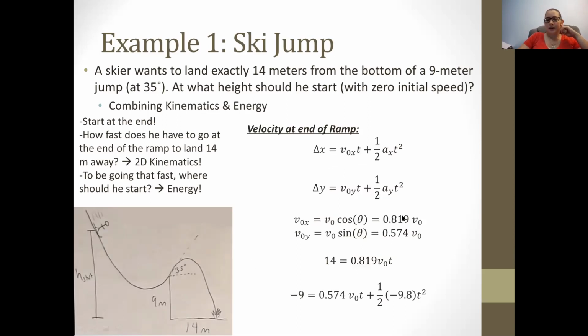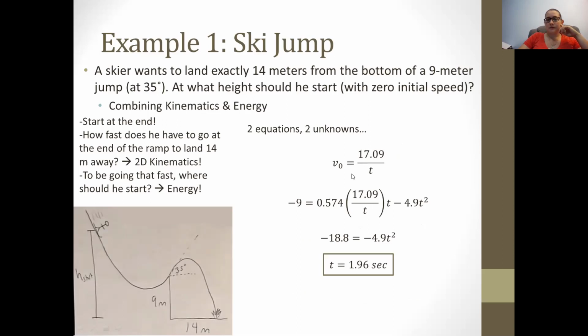v0 we can get most easily from this top equation, right? 14 divided by 0.819 will give us v0t. So v0 is 17.09 divided by t. And then we can plug this in to our bottom equation where we see v0, right? So simplifying that, we can get the time that it takes, 1.96 seconds.